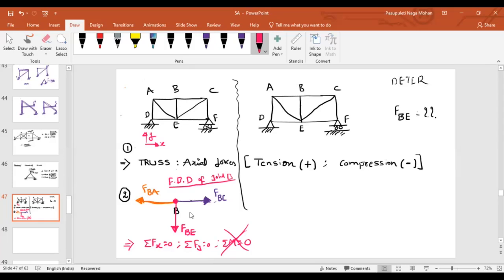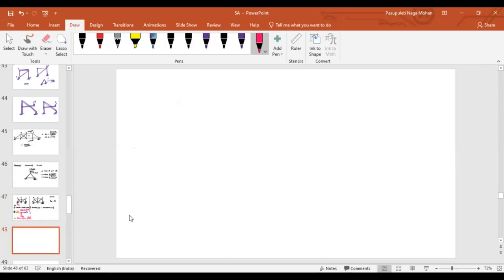And how many equilibrium equations are possible here? 2 only. We have 3 unknowns, FBA, FBC, and FBE, but we have 2 equilibrium equations. That means can we find these unknowns? No, isn't it? That means how many extra equations do we need? One extra equation we need.